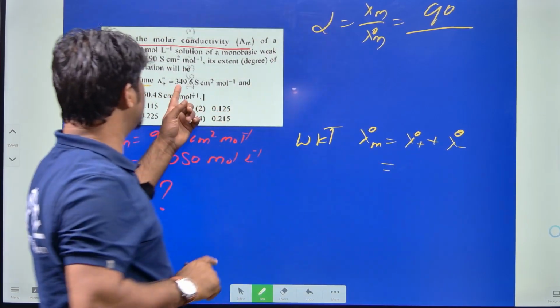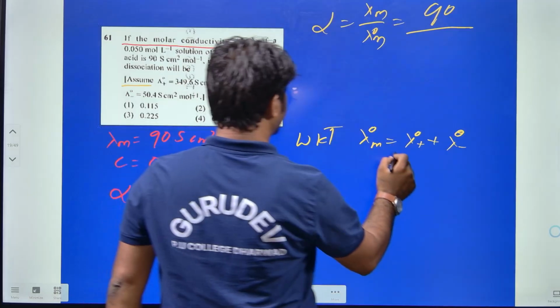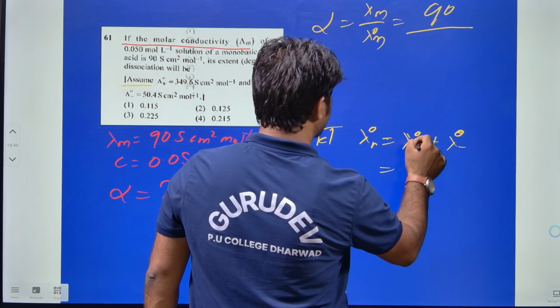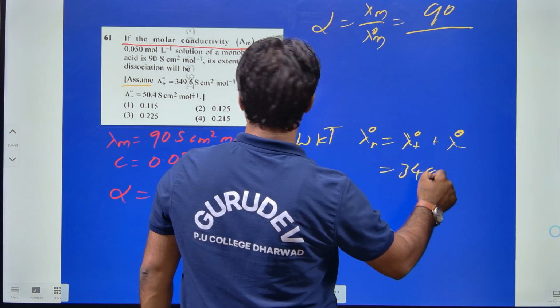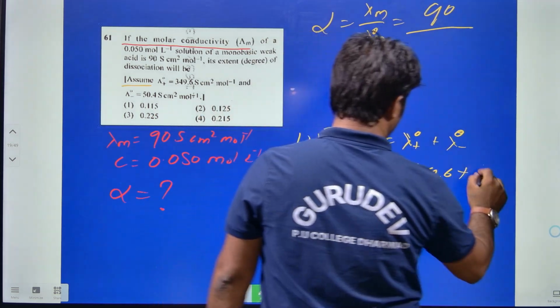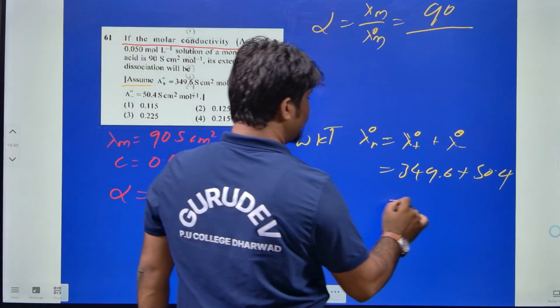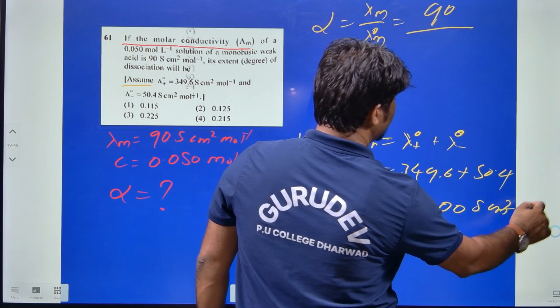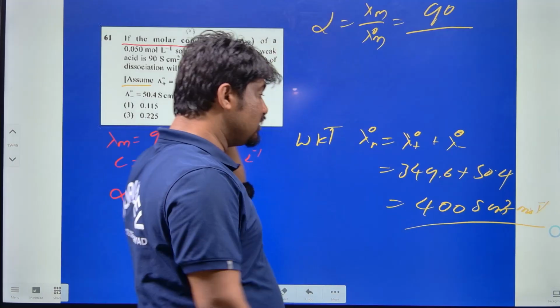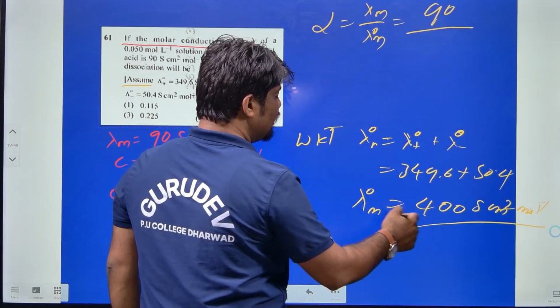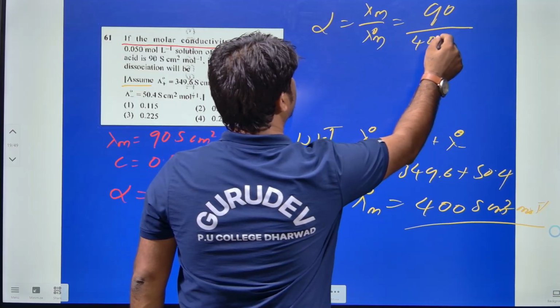Lambda naught of plus is 349.6 and lambda naught minus is 50.4. By addition, I get 400 Siemens centimeter square per mole. So this is the value of lambda naught m.